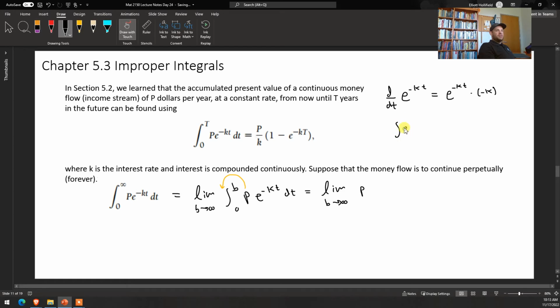So if we consider its antiderivative, it must be the exact inverse, which means instead of multiplication by minus k, we must have a division by minus k. That gives us our antiderivative. We get negative 1 over k times e raised to the minus kt, evaluated between 0 and b.